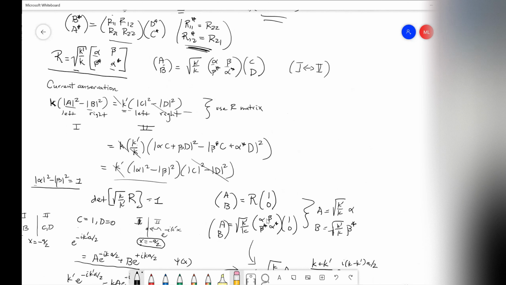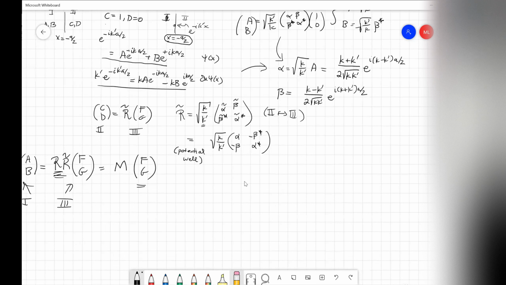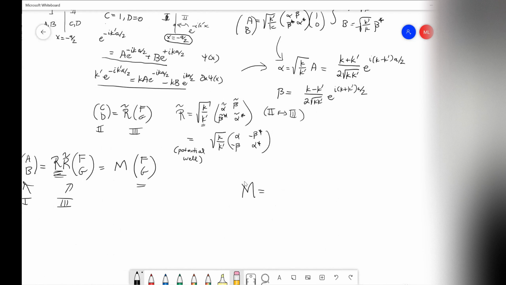Okay, so the whole matrix M has the following form. If you multiply it all out, it's got gamma star, and these are related to the alphas and alpha tildes. And then it's got delta and delta star. That's the general form. It also has the same alpha squared minus beta squared equals 1 condition.